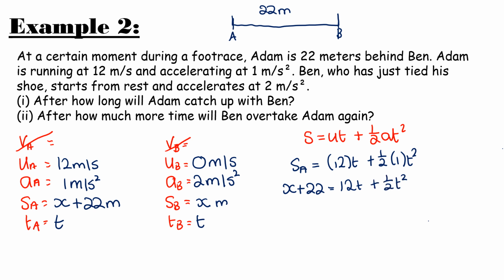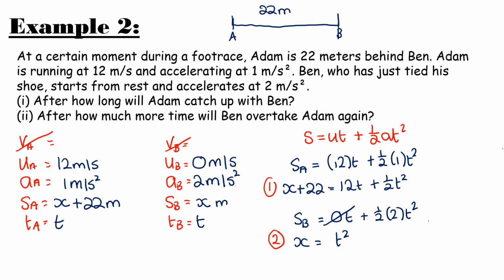That's equation 1. And then for Ben, it's ut plus a half at squared, and that's x equals t squared. So that's equation 2.